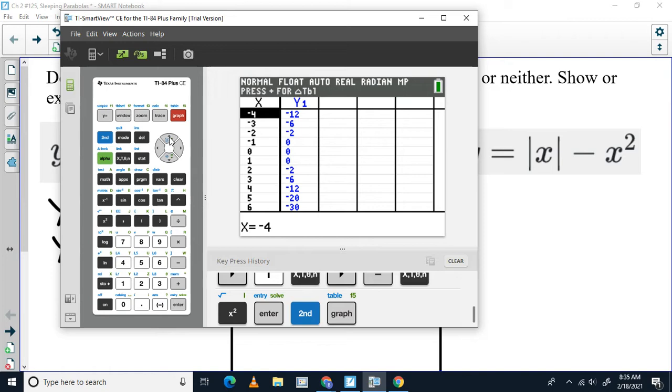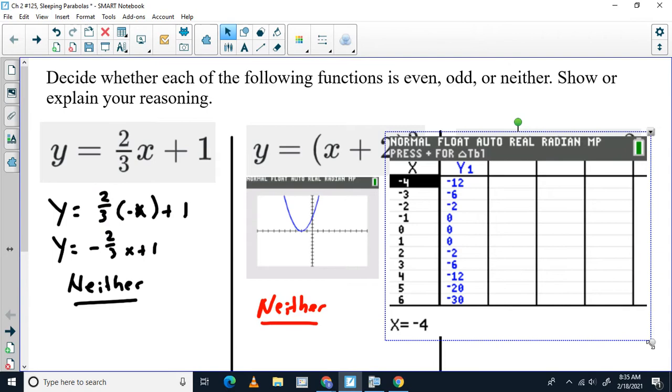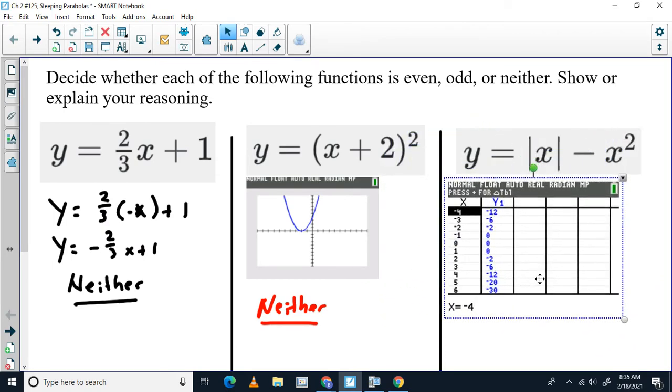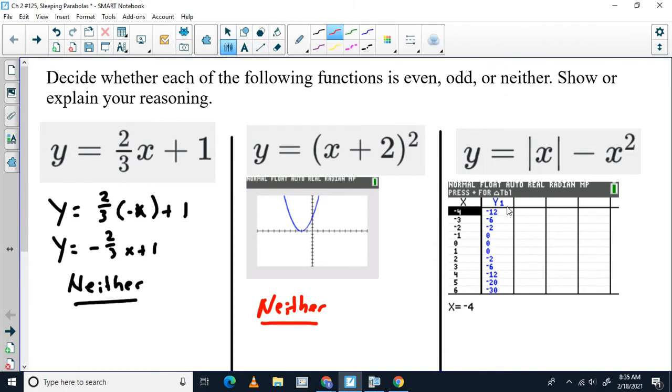For instance, when the input was negative 4, I had an output that was negative 12. When the input was positive 4, I had an output that was the same, negative 12. When I had an input of negative 3, I had an output of negative 6. At positive 3, I also had negative 6.